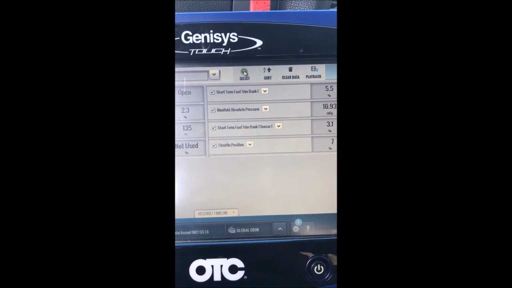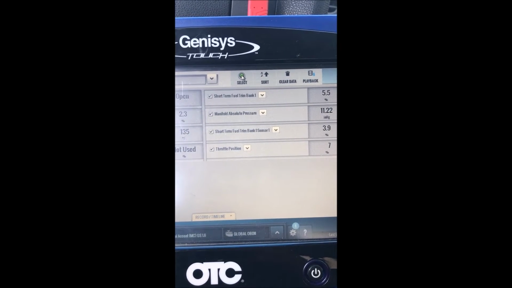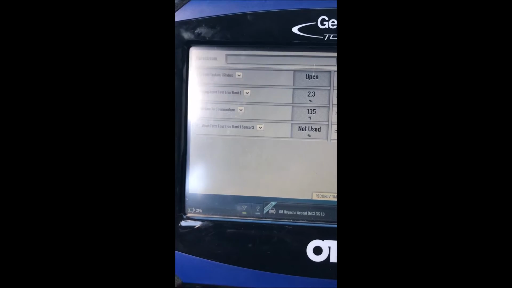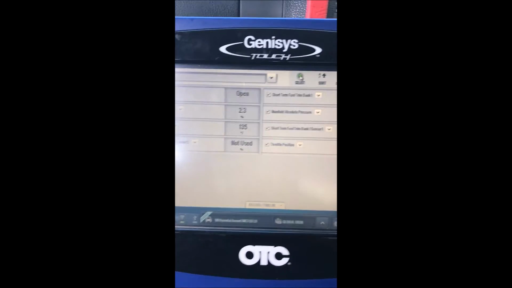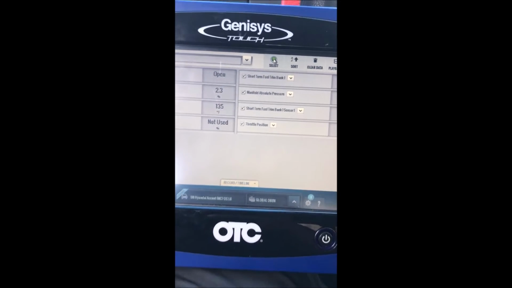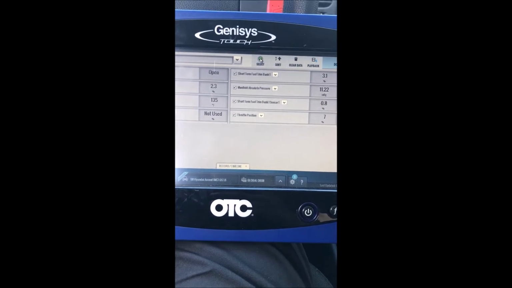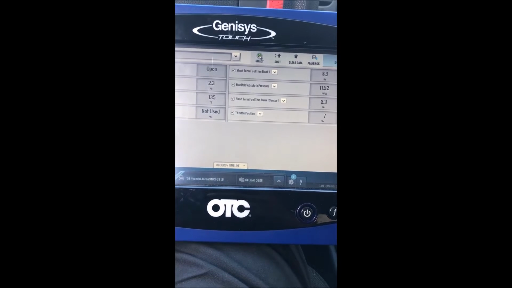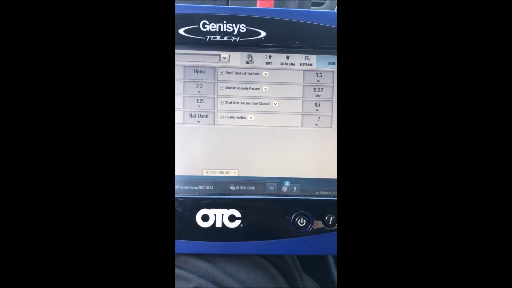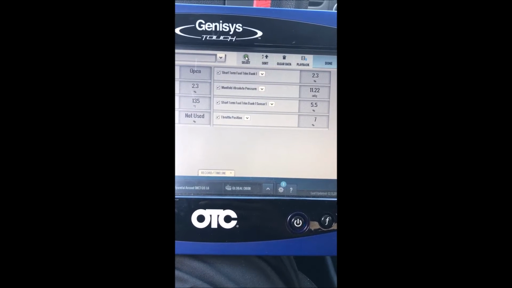So your sensors, your manifold absolute pressure sensor, your throttle position sensor, your intake air temperature, and your O2 sensors, they're all going to give your computer different information. What the computer is going to do with this information is take into consideration everything with the car: your RPMs, the airflow that's going across your mass airflow sensor if your vehicle has one.